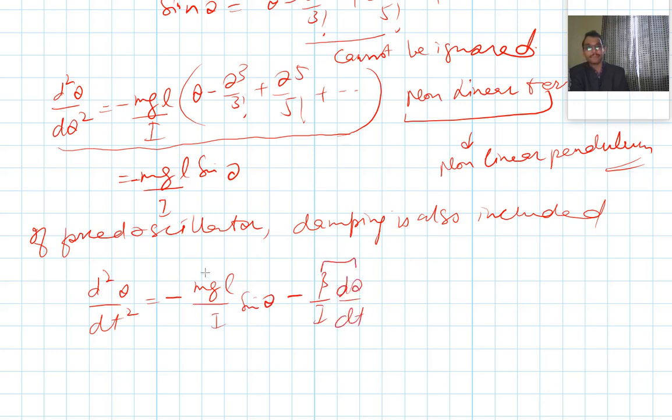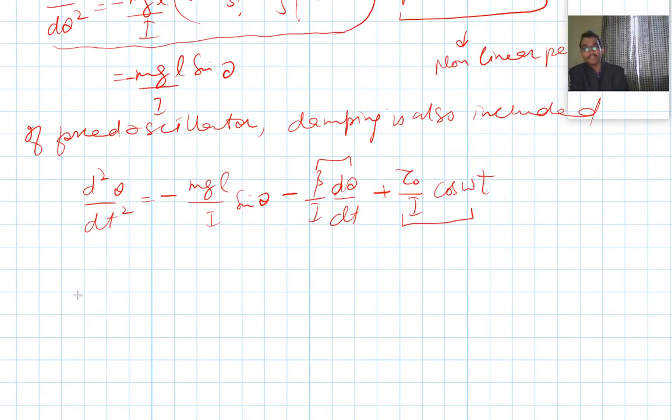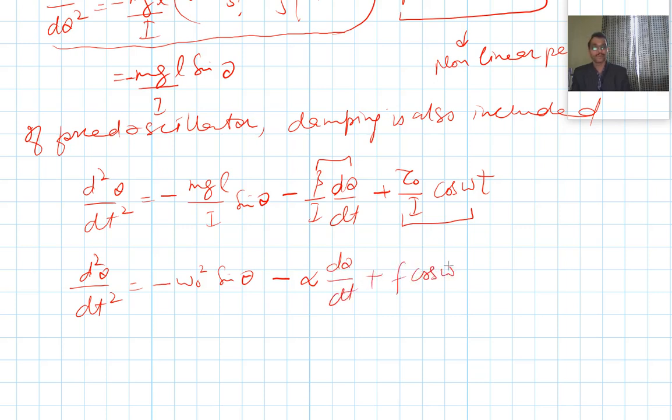This is the damping term, and plus tau naught over I cos of omega t. This is a periodic force which we have applied, right? And in a simpler form, this equation can also be written as d square theta by dt square is equal to minus omega naught square sine theta minus alpha d theta over dt plus f cos of omega t.